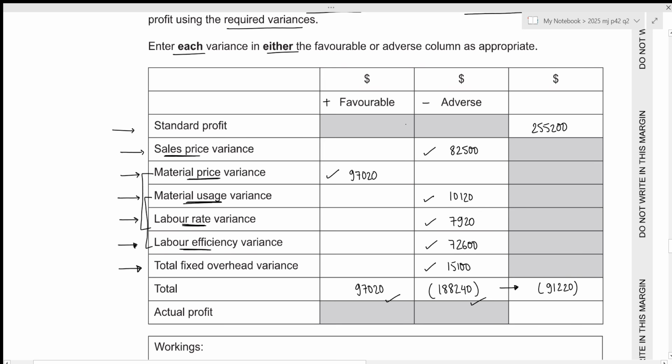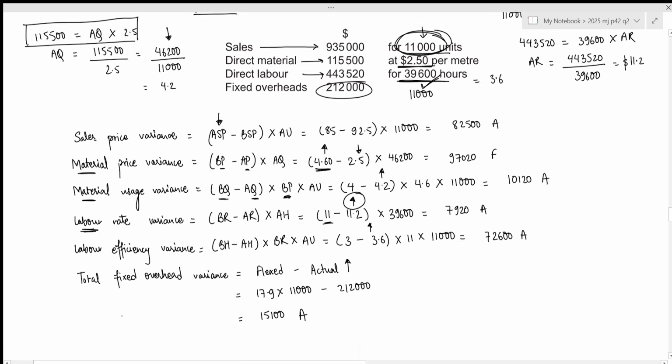And remember that within these shaded boxes, you're not supposed to write anything. So now the actual profit after reconciliation will just be 255,200 minus 91,220, which results in 163,980. Now we can also verify our workings by calculating the actual profits from the given actual values.